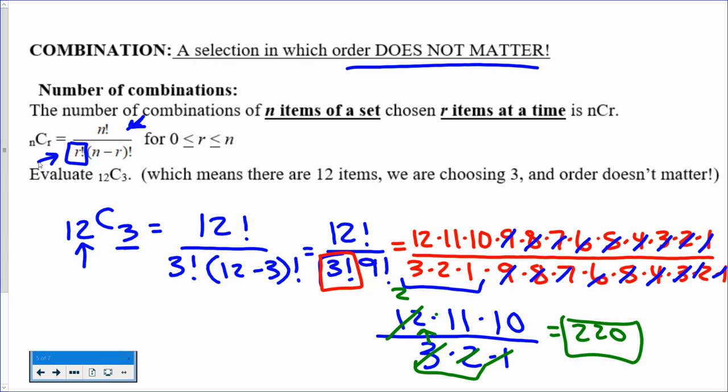I don't always have a calculator in front of me, so that's how I do the problems a lot, especially when I'm teaching it in class, but you're welcome to just type that into your calculator. You can use the nCr button on the graphing calculator like I explained on the last problem. If you have a scientific calculator, I don't think I said this on the last example, you should have a PRB button where you can select nCr, nPr, and factorial.